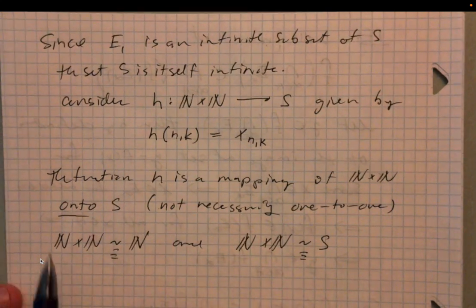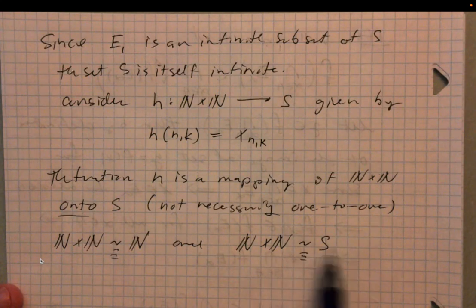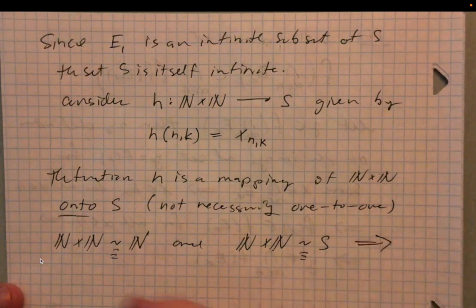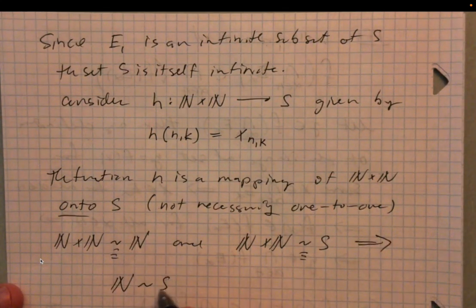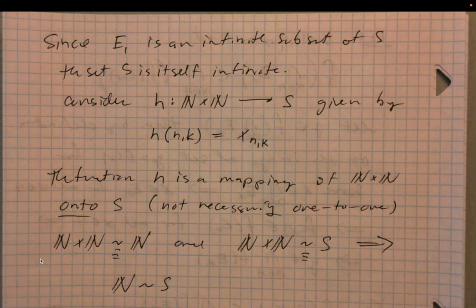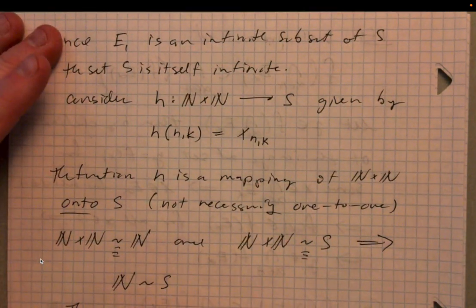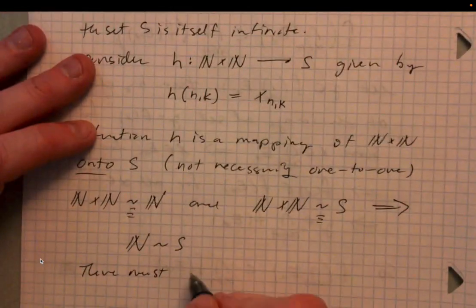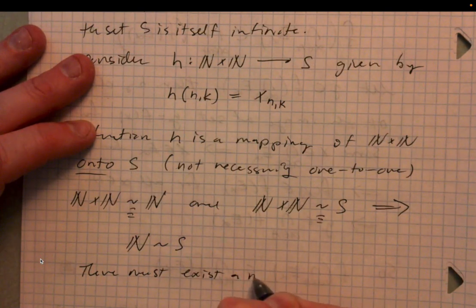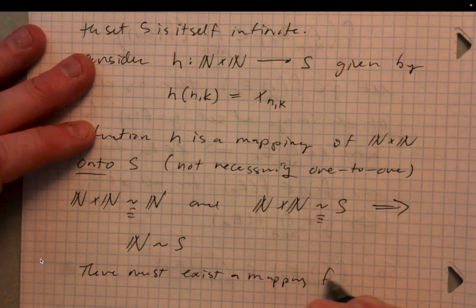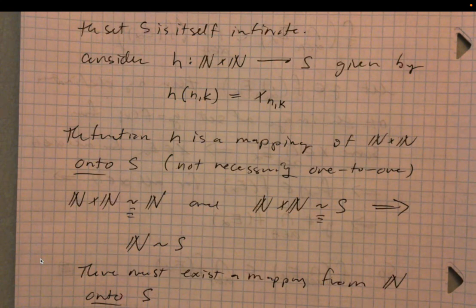So you get n is equivalent to n cross n is equivalent to S, and so the implication here is that n is equivalent to S. Right? So there must exist a mapping from n onto S.